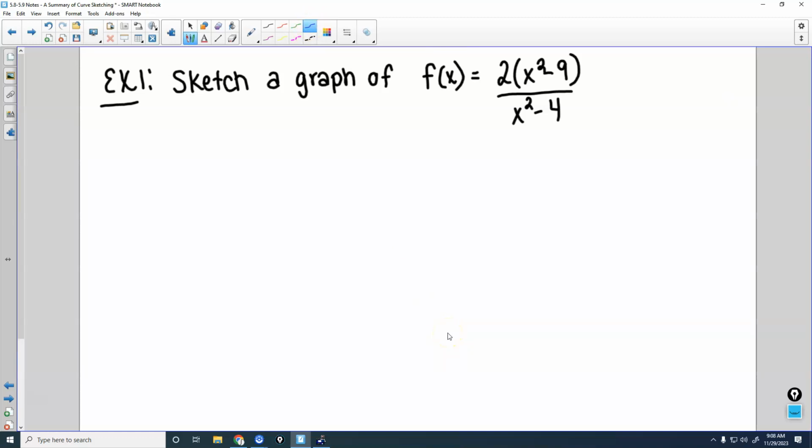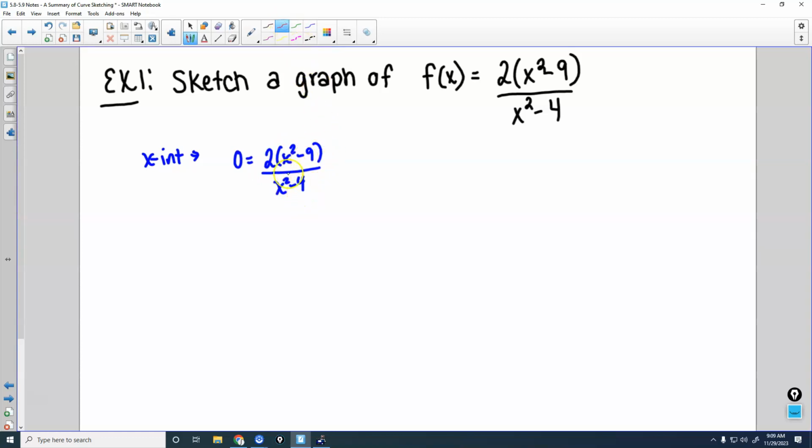I think it is kind of cool, though. So let's start by finding x and y intercepts. If I want the x intercept, what do we do? We just said it. y equals 0. So I would have 0 equals 2 times x squared minus 9 over x squared minus 4.